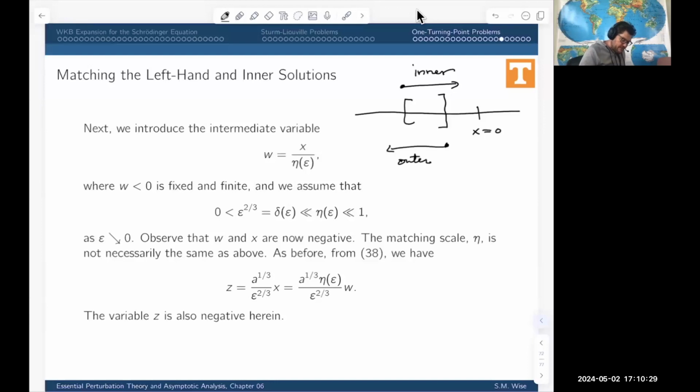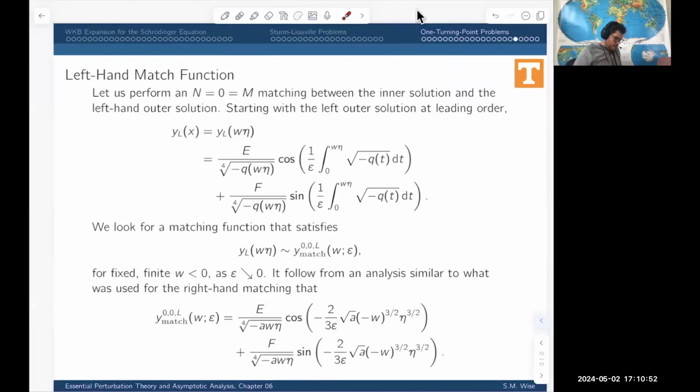It's outer left, and the overlapping region, the matching region, is here. So this is where things like w live and the eta scale lives. So w is somewhere in this region. Let's see. I think that's all we need there.